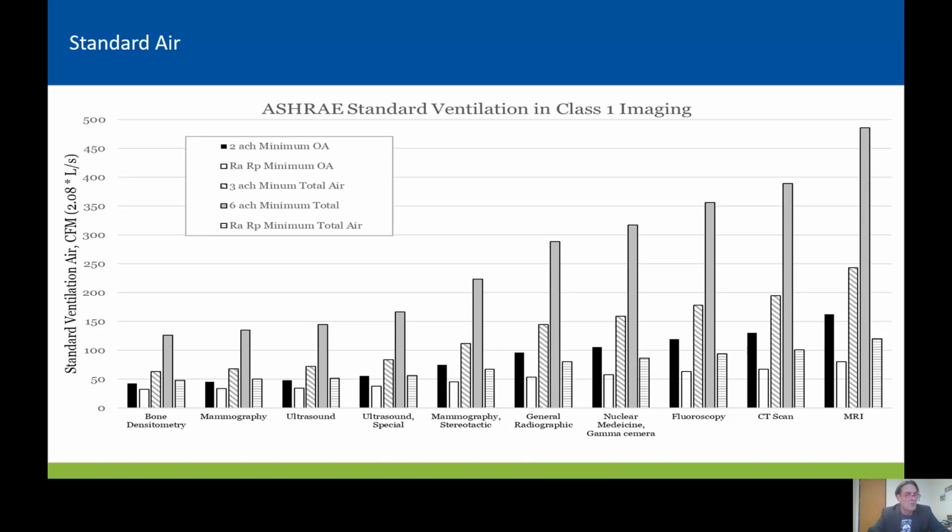Now, if you ignore the inpatient and the specialty outpatient tables, so you leave aside the 2 air changes per hour and 6 air changes per hour, and use these new numbers, the RARP method, then the variance is quite a bit lower. The variance comes down to about a factor of 3. But even then, there's still quite a variance, right? Factor of 3 variance on what you're going to do.